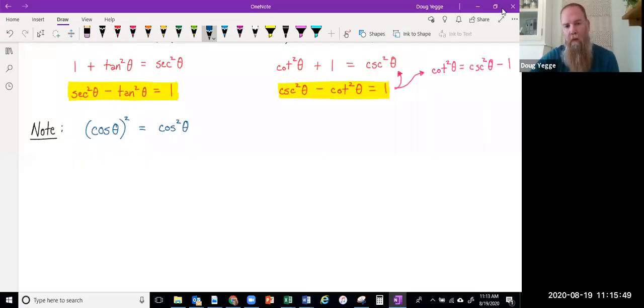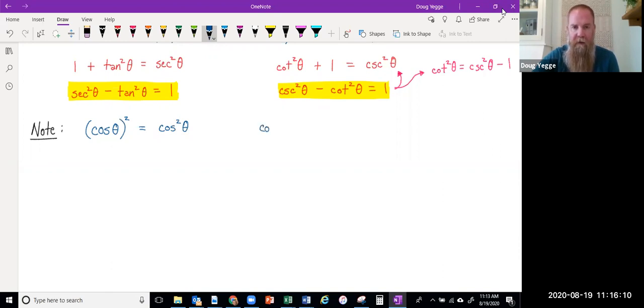So we want to note one notational issue that often arises here. When we talk about cosine squared theta, the fact that the exponent of 2 is above the cosine is demonstrating that we are squaring the ratio cosine. So we're taking cosine theta and multiplying by itself.